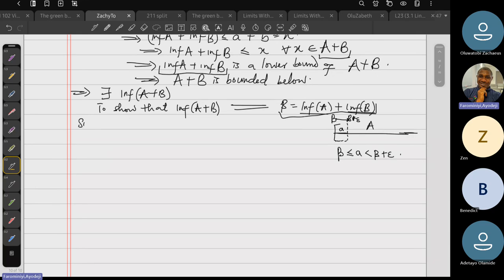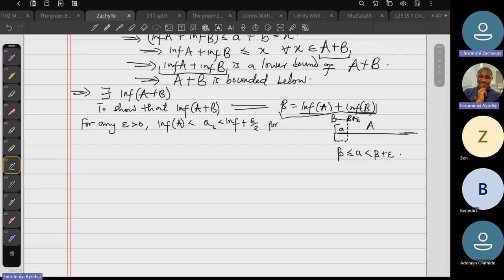So since the infimum of A is an infimum, we know that for any epsilon greater than 0, if we take the infimum of A plus epsilon over 2, there will always be an element of A in between, right?